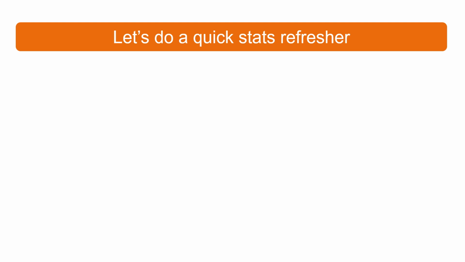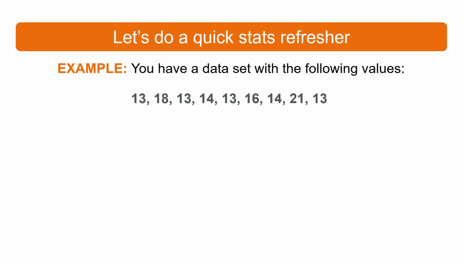During your initial review of the data, you should calculate some basic statistics for some of your questions. And now, for anyone who may need a quick refresher, let's go over the core metrics you might want to consider looking at. For our refresher, we will use this simple data set: 13, 18, 13, 14, 13, 16, 14, 21, and 13.